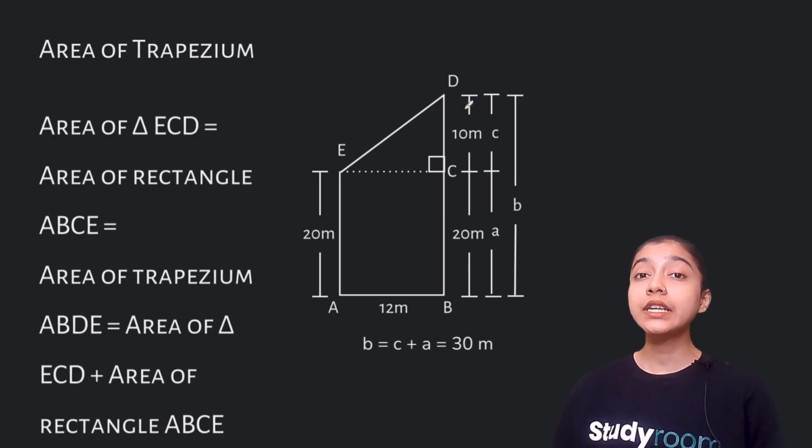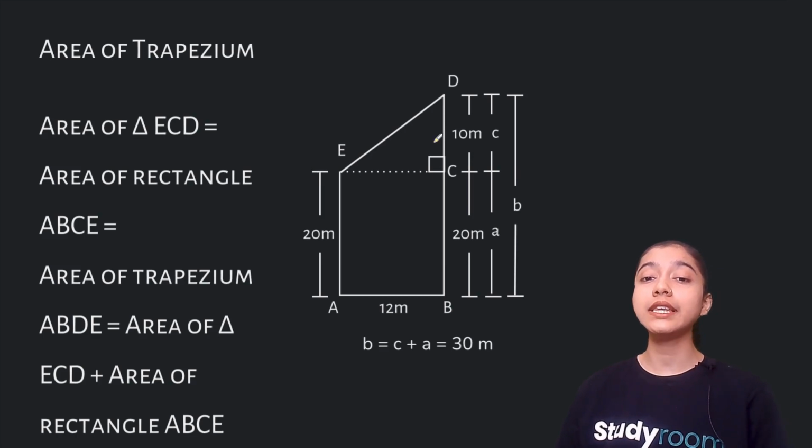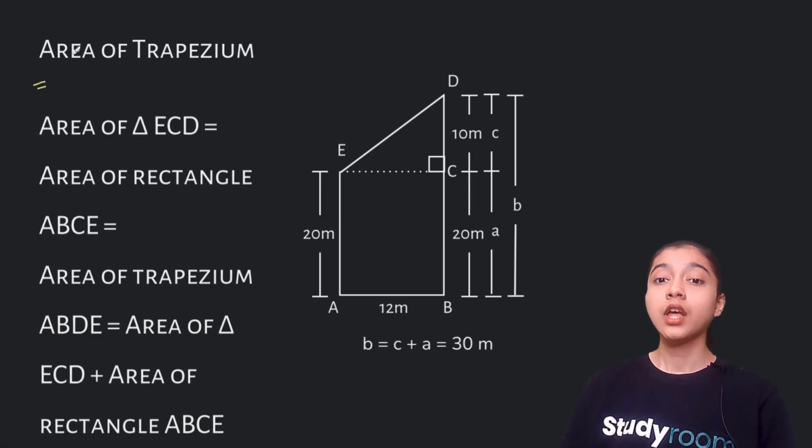So, to calculate the area of the trapezium, we can say that the area of trapezium will be equal to the area of this rectangle ABCE plus the area of this triangle ECD. Now, the area of rectangle ABCE will be equal to length multiplied with breadth. So the length over here is BC multiplied with the breadth is AB.